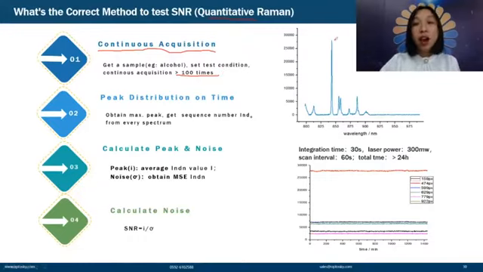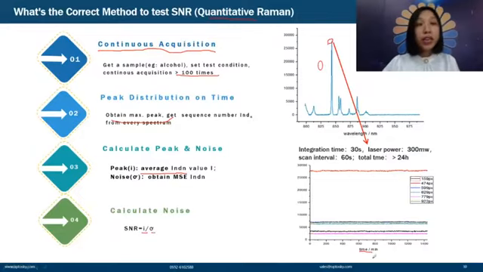Then we fetch the maximum peak and line it up in sequence by time. We obtain the average value, and divide it by the standard deviation over time.